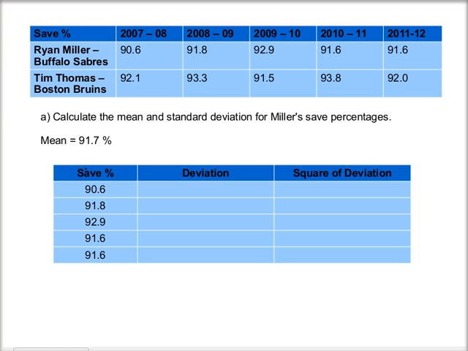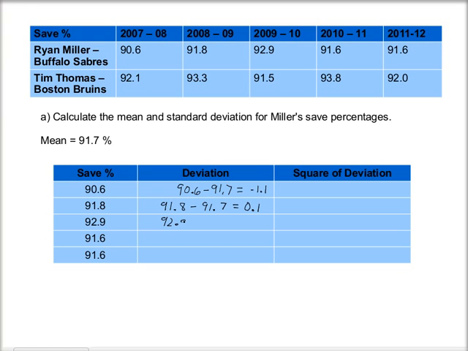To do that, first we need to find the deviation for each of these seasons, and that is going to be the save percentage minus the mean. So 90.6 minus the mean, 91.7, for this season, is a negative 1.1. For the next season, he has a save percentage of 91.8, and we subtract the mean of 91.7, and that gives me 0.1 as that deviation.